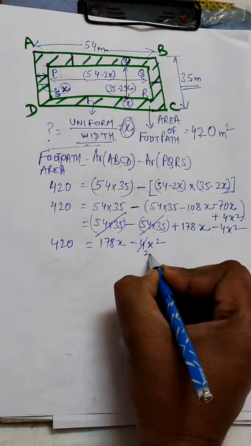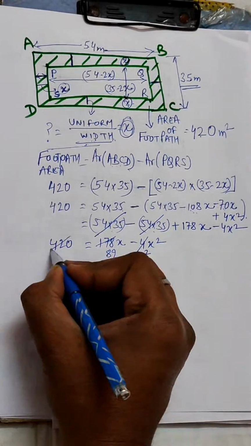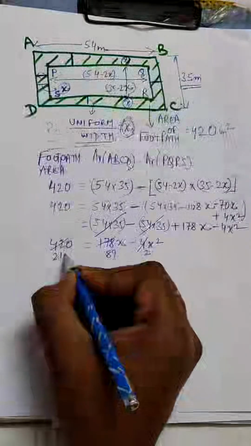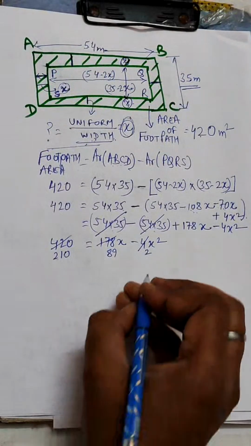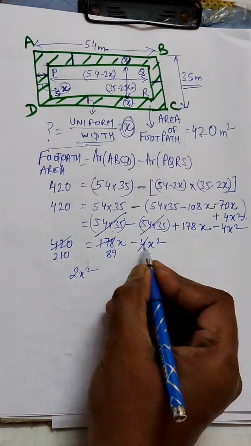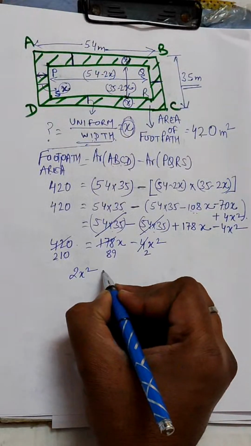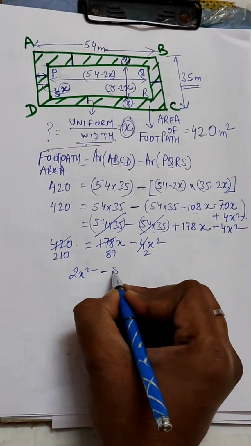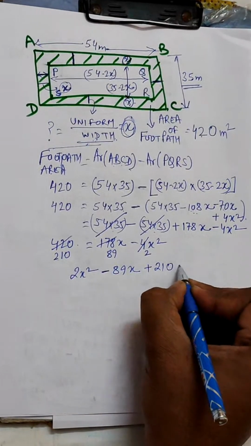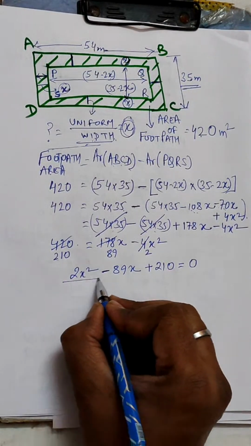So this will give you 2, this will give you 89, and this will give you 210. So when you bring it from RHS to LHS, this gives the quadratic equation 2x square minus 89x plus 210 equal to 0. So this is the quadratic equation.